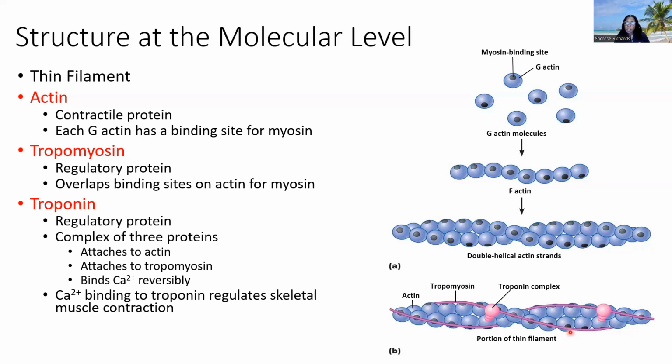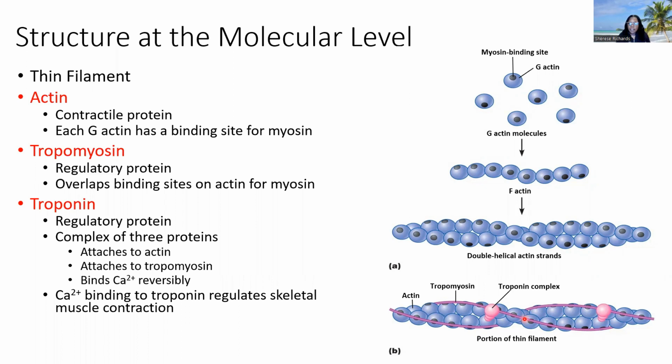So that when calcium binds to troponin, the entire troponin complex can shift its state, and that will drag tropomyosin off of those binding sites and effectively expose those binding sites, which are the black dots here. And that would allow myosin to engage with actin and drag actin towards the M line.